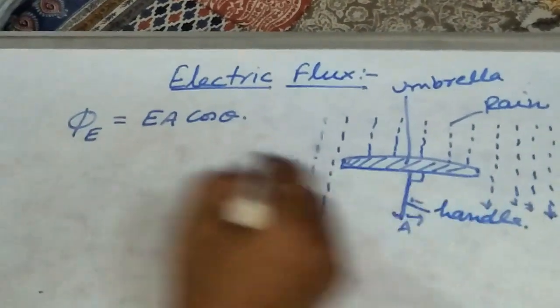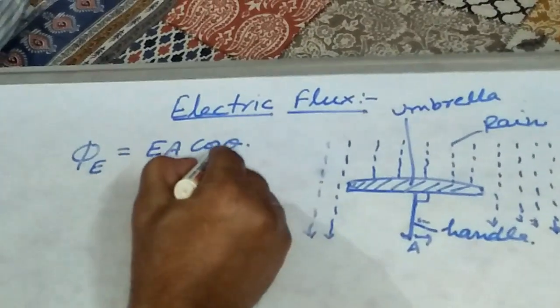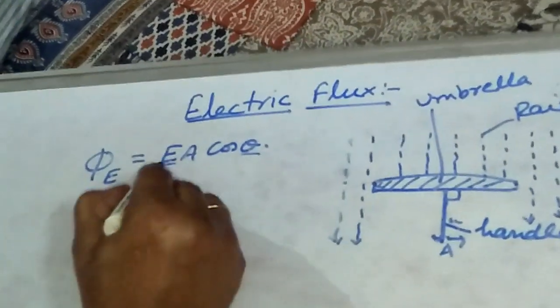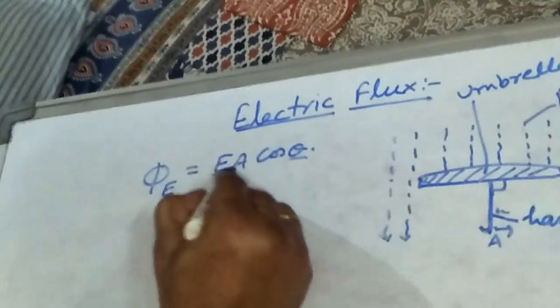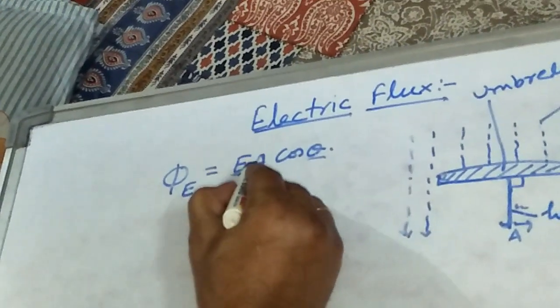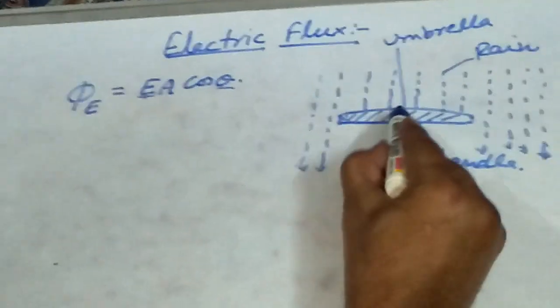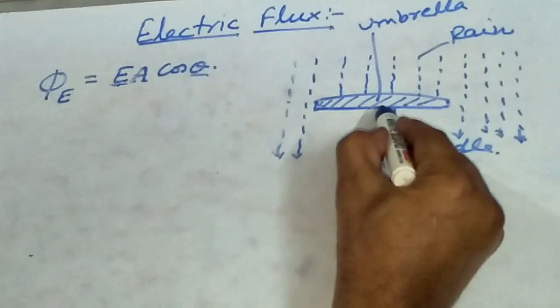And we always consider phi is equal to EA cos theta. Theta is the angle between the electric field and the area vector. The area vector means the normal on the surface which is held in the electric field. So here the normal of this surface acts as this handle.